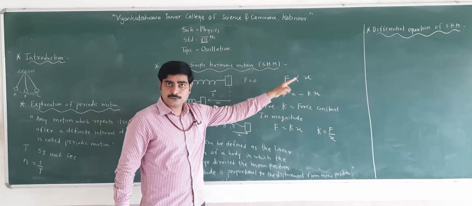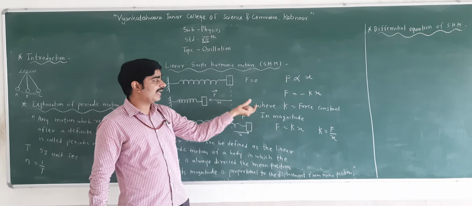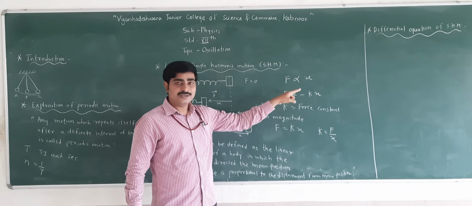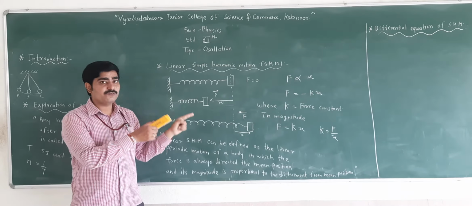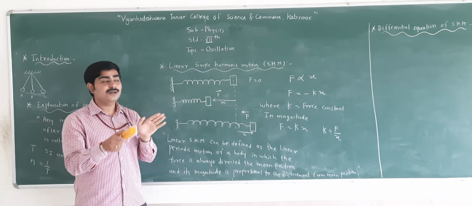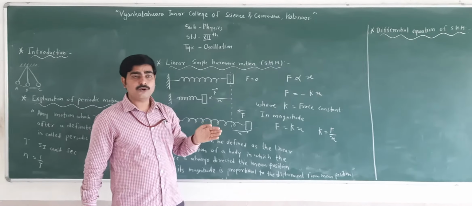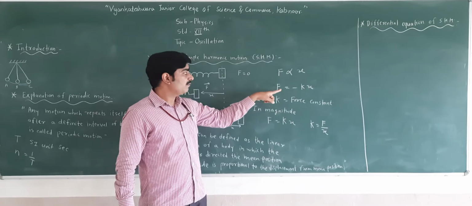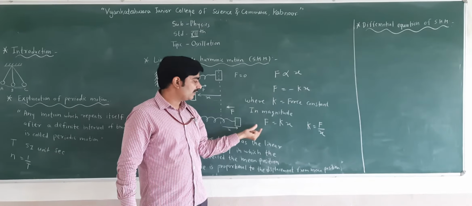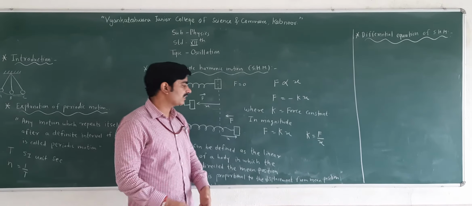F is directly proportional to x, F is equal to minus kx, where k is known as the force constant. The negative sign indicates that the restoring force and the displacement are in opposite directions. When we write the magnitude form, remember we have to remove the negative sign. So if the negative sign is removed, we get the equation F is equal to kx, therefore k is equal to F upon x.